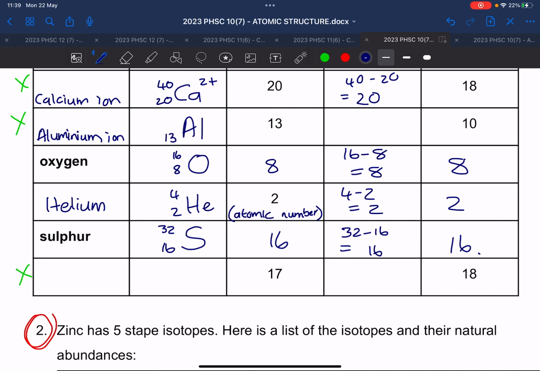What's the mass? 27. All right, and then what is the number of neutrons for aluminium? How did you get to 14?